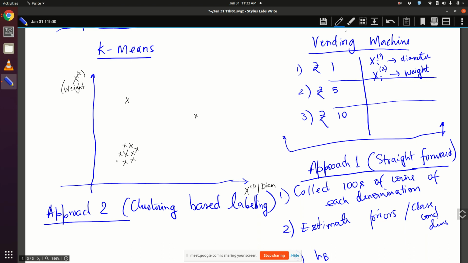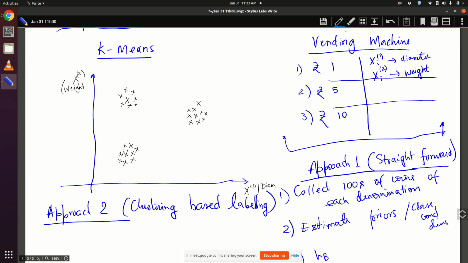Then you will get a cloud of points. Now I am telling you that this is 1, this is 5, and this is 10 rupees, but in general you wouldn't know.